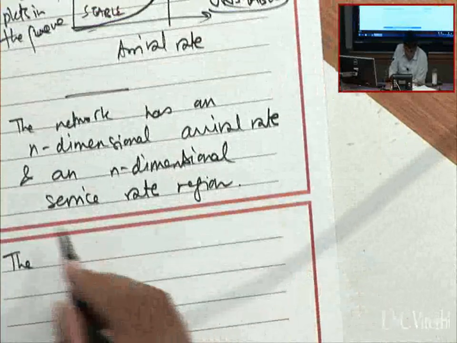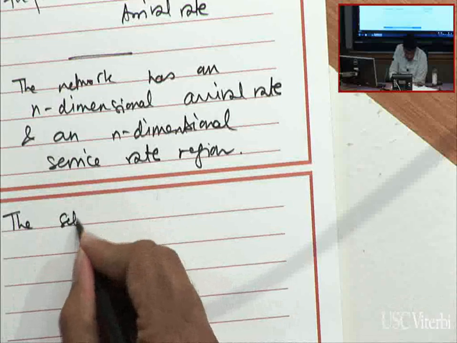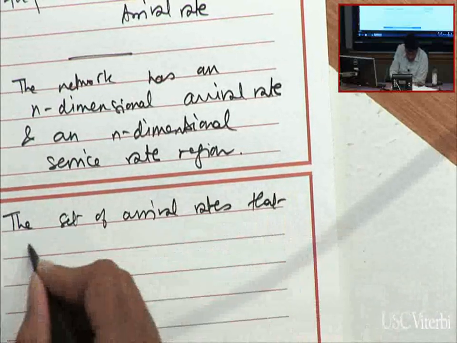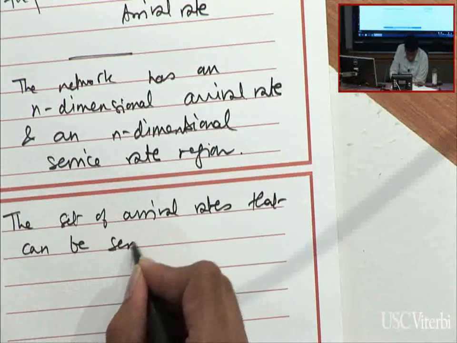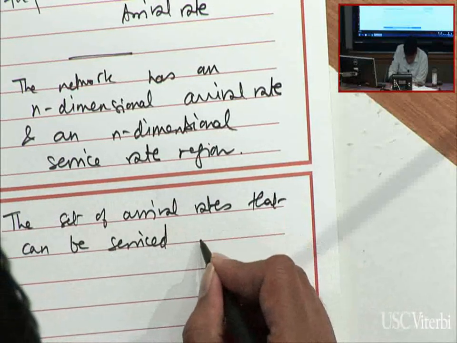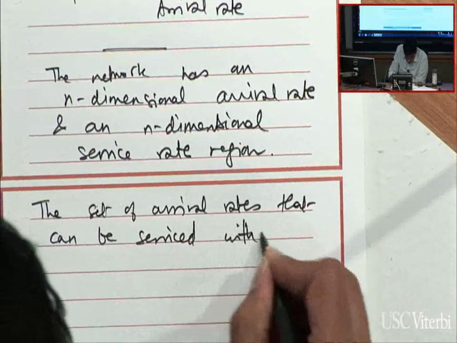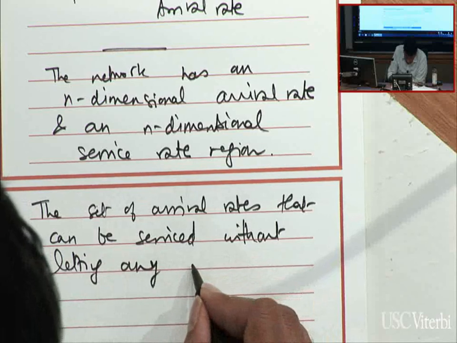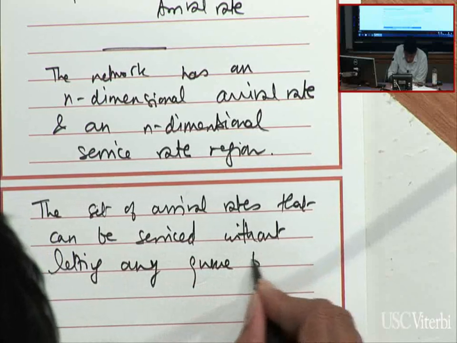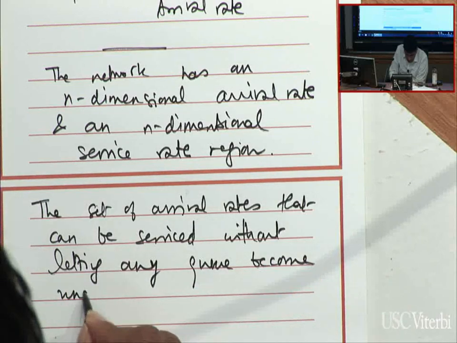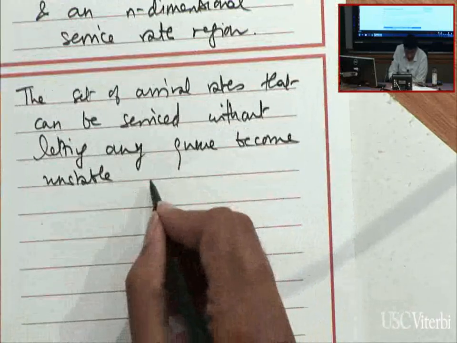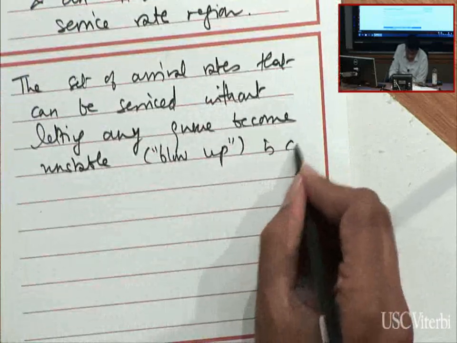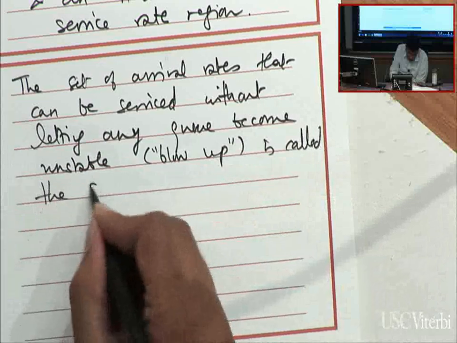Okay? So this service rate region, the set of arrival rates that can be serviced without letting any queue become unstable, right? Colloquially, blow up, is called the stability region.